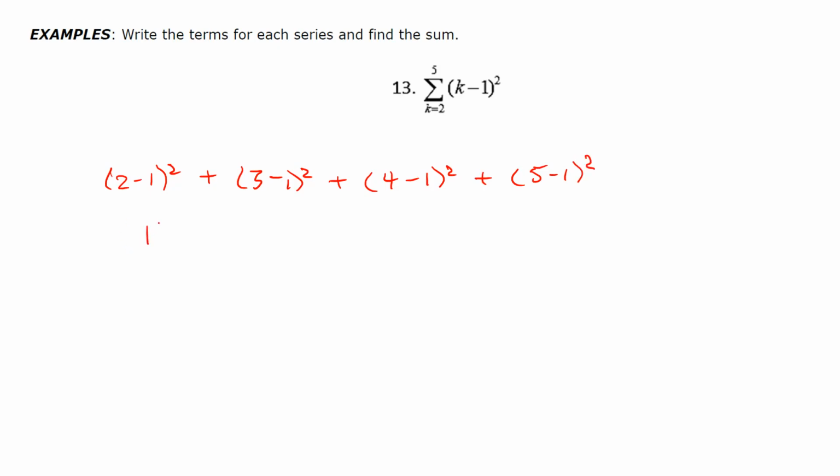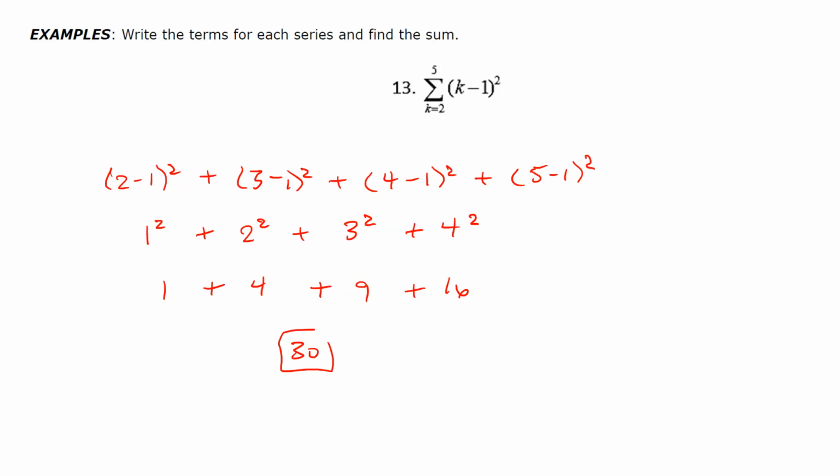So that would be 1 squared plus 2 squared plus 3 squared plus 4 squared. So that's 1 plus 4 plus 9 plus 16. That also equals 30. So the last three problems that we did all equaled 30.